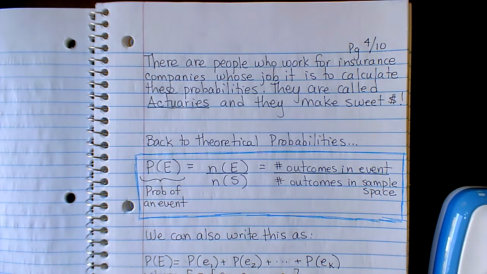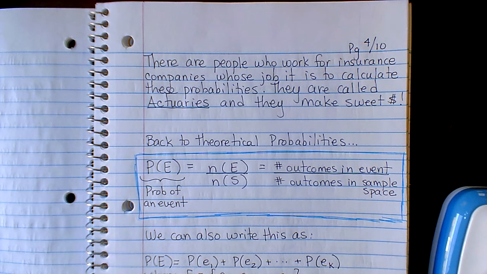Their job for insurance companies is to decide how much to charge you for life insurance based on your age, whether or not you smoke, whether or not you, I don't know, do cocaine regularly, things like that. They come up with numbers as far as, okay, how likely are you to die? And that's how they determine your life insurance payment amount, how much you've got to pay.